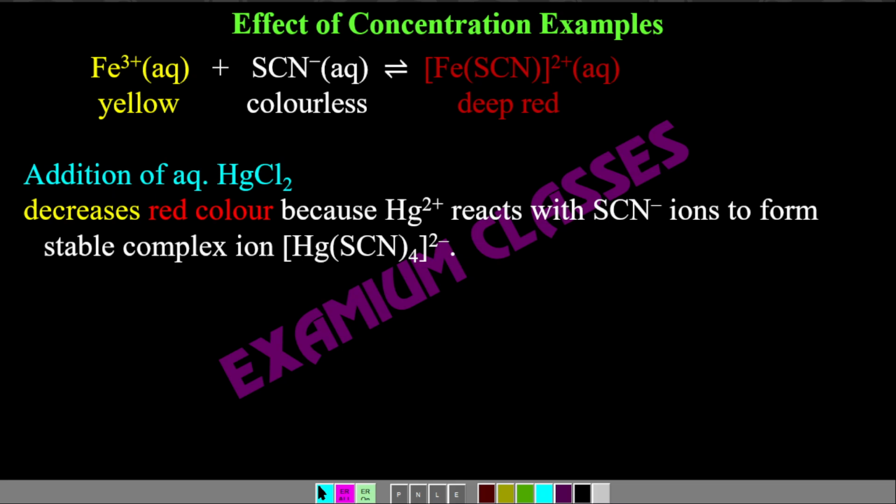Oxalate ions reacted with ferric ion. Here from HgCl2, mercuric ion, Hg2+ is mercuric ion. This will react with the thiocyanate ion to produce a complex. So again, the system will try to increase the concentration. This will get consumed by Hg2+. System will try to increase its concentration, will go in backward direction. Again, the red color will decrease.